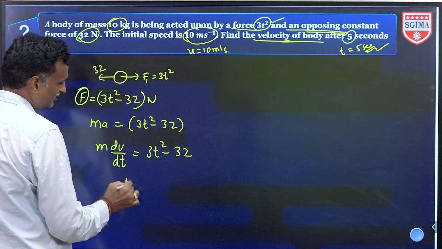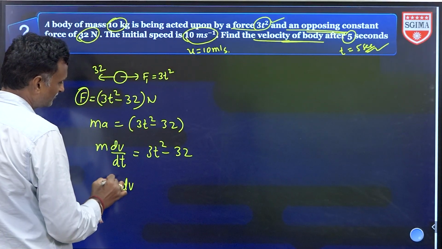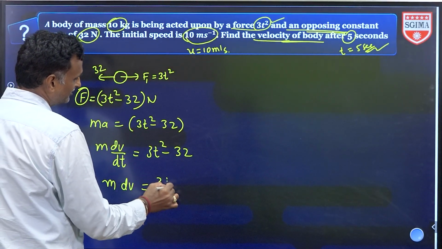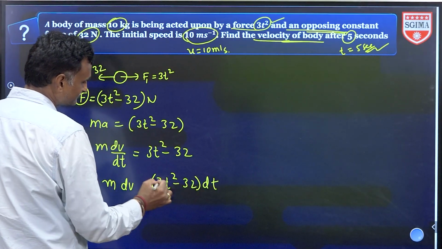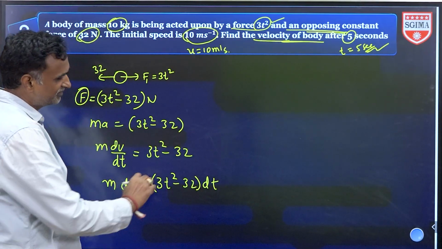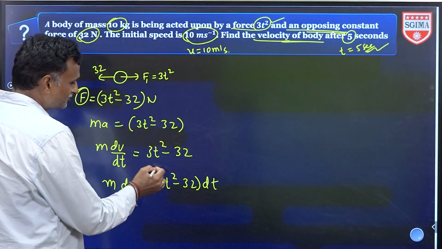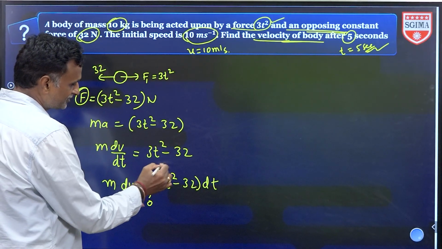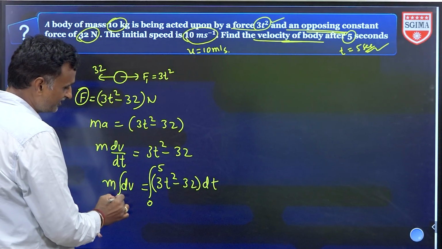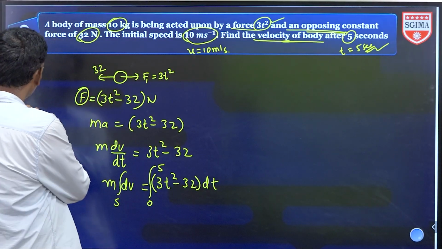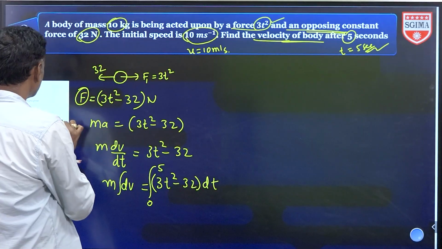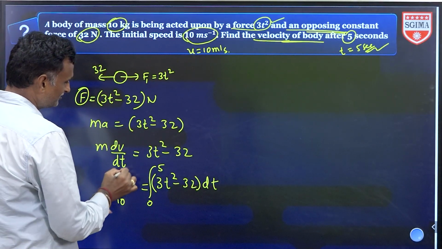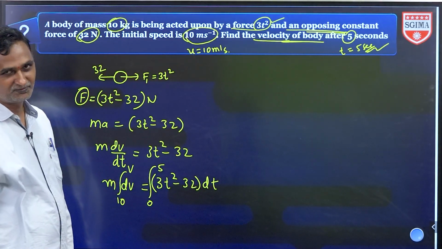So simply, here dv and m you can keep, and here (3t² minus 32) into dt. So v is a function of time. We need to choose the limits 0 to 5 seconds, and the initial speed is given as 10 meters per second, and the final speed they are asking us to find.